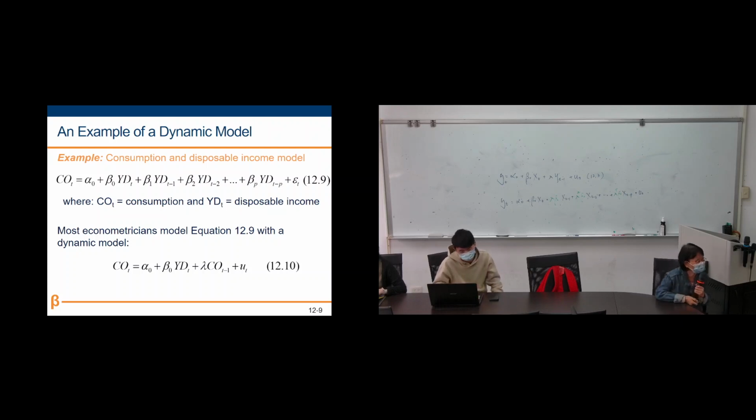Actually, 12.10 and 12.9 are the same. 12.10 uses CO as the Y variable, the current YD as X, then the lagged YD. Understand this one? I'd like to estimate the data using these two models. Okay, let's have a break, 10 minutes break, okay?